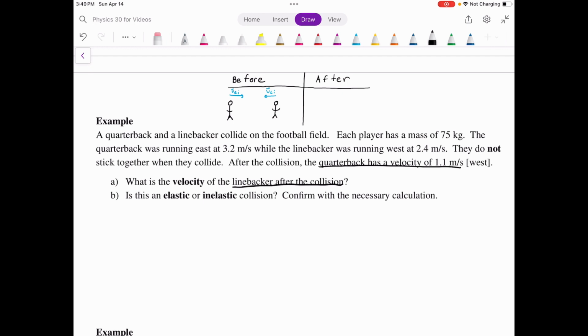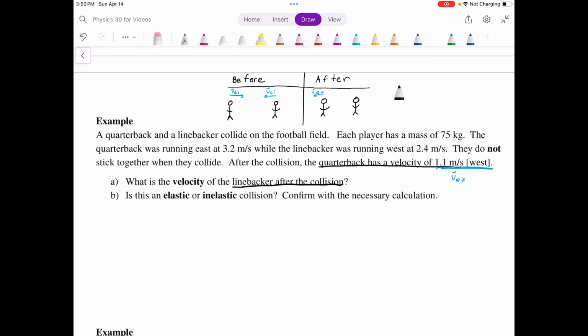So afterwards, it tells us that the quarterback is moving 1.1 meter per second to the west, right? So that's V quarterback final. So they're moving to the west. What we want to know is how is the linebacker moving after the collision?